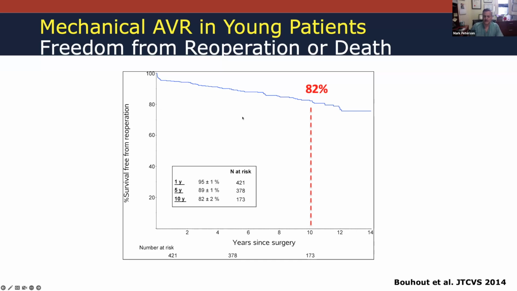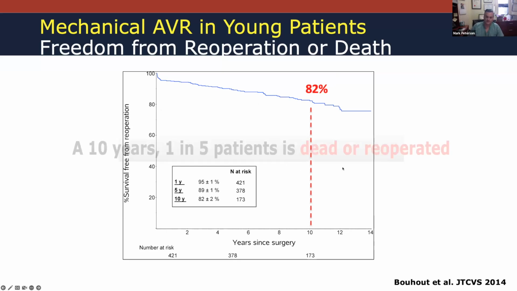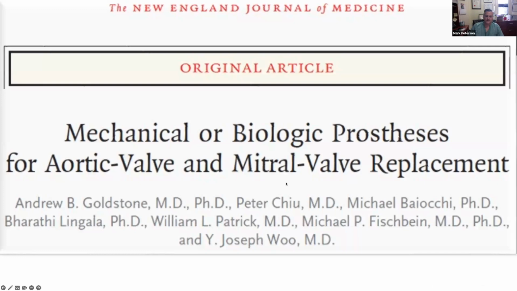The sober reality is that young patients have an excess mortality after prosthetic valve replacement. And the reason for that is that the prosthetic valve supplants the disease of aortic stenosis for the disease of a prosthetic valve. So there's this signal, and there are many studies, I'll show you 1 or 2 more, that has been recreated in other data sets.